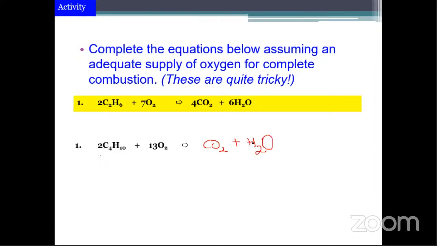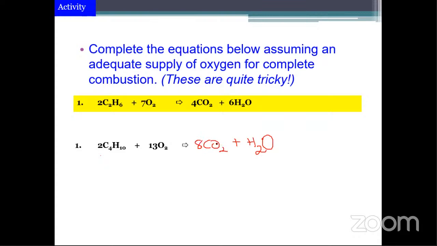And let us balance this equation. Over here, how many carbons do you have? 8. So what do I need to do over here? Put an 8. Good.